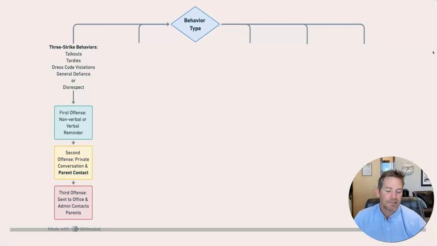The idea is that we're not overly harsh with the first warning. We're not calling them out in front of their peers necessarily. We're just giving a subtle cue to the student that, hey, this behavior is outside the bounds of what's acceptable. And hopefully, and usually, that's enough to correct that behavior, at least for that day.